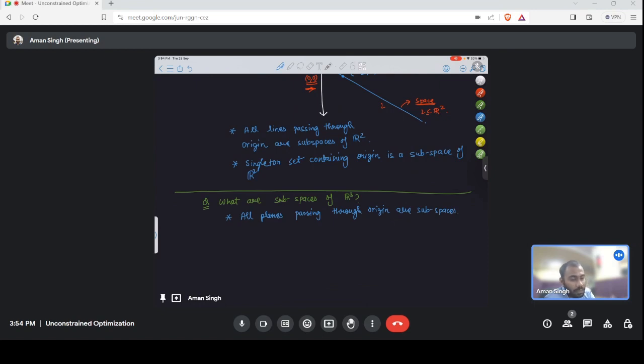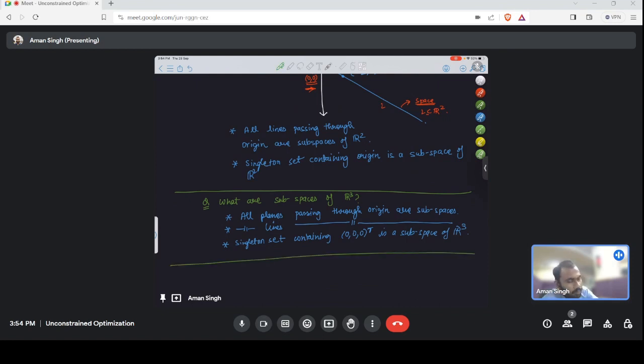If you take any two vectors on a plane passing through the origin and add them, you'll be on the plane always. Similarly, all lines passing through the origin are subspaces. And the singleton set containing the origin is a subspace of R cube.